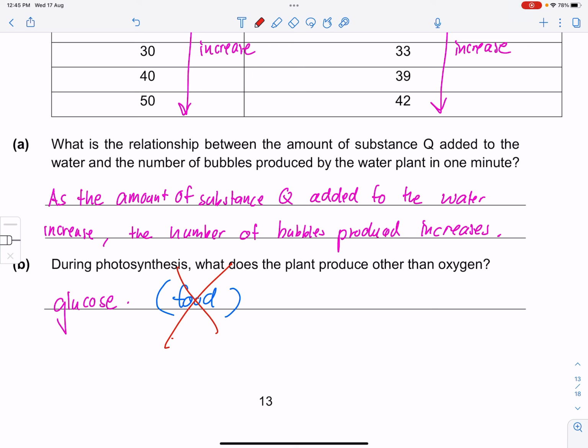Because a lot of students use the word food, then when they are asked what is needed for respiration, they also write down food, which is not correct. It has to be digested food. And digested food actually is glucose, what your plant initially has produced. So if you are consistent by saying glucose, you will also know that in respiration, you will use glucose or sugar. Glucose is a type of sugar.